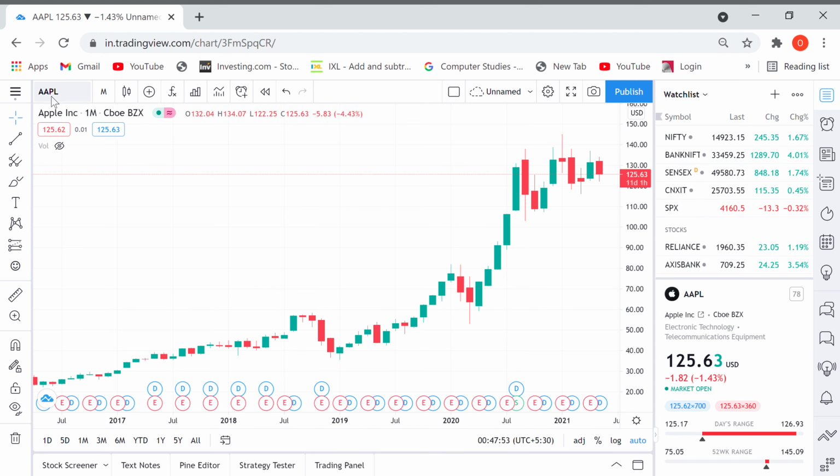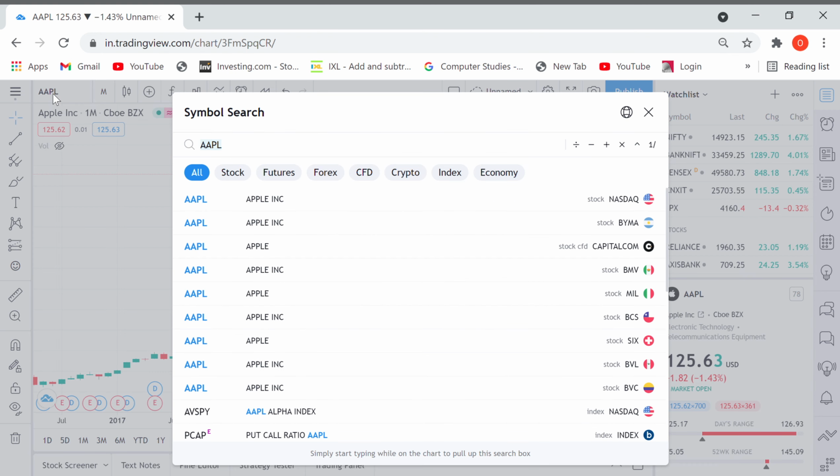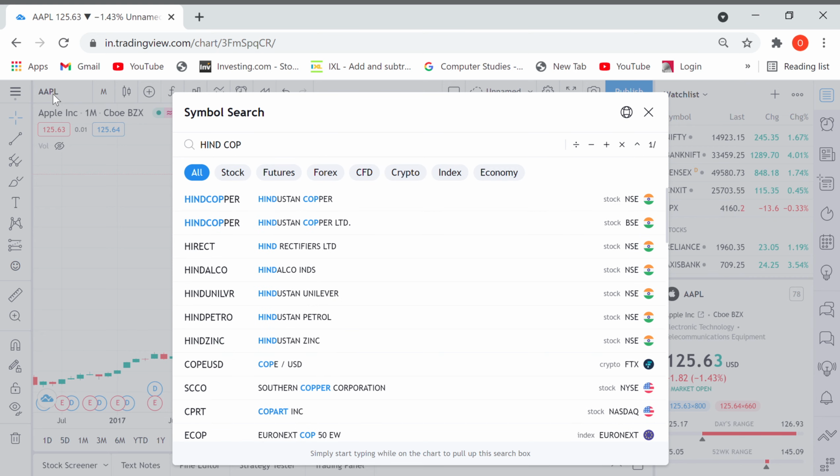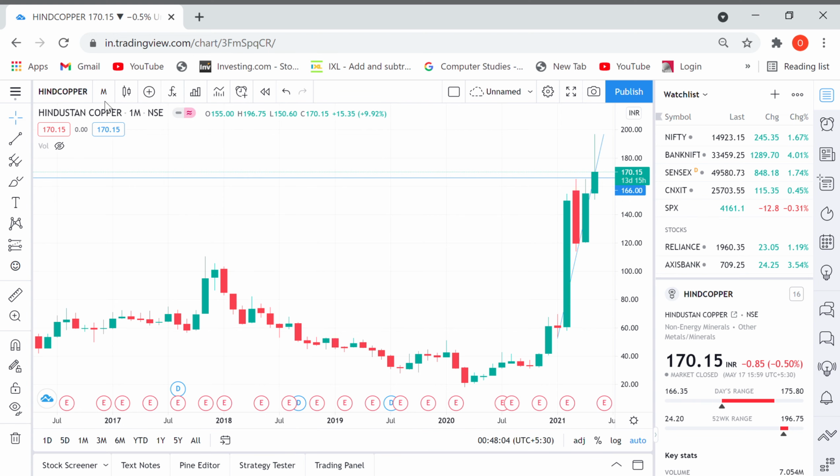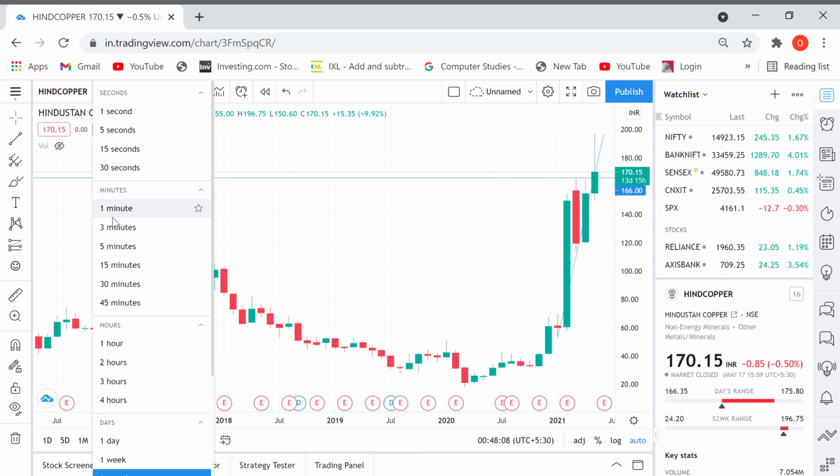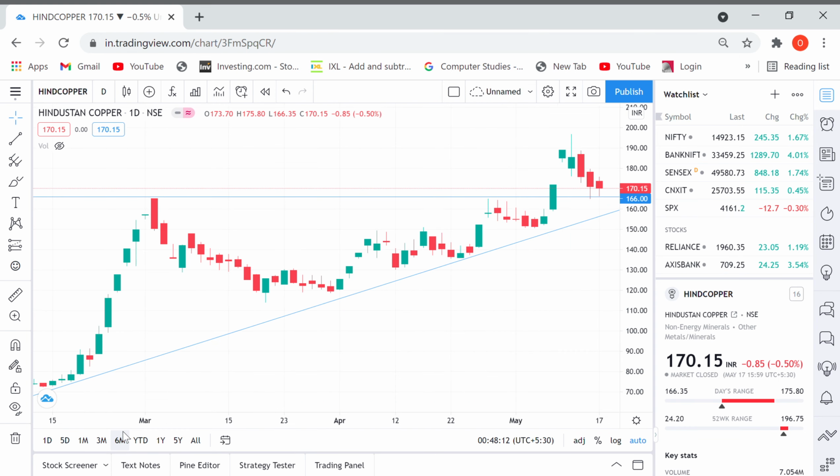Let's move to some Indian stocks. Let's move to say Hind Copper, which is Hindustan Copper, and let's look at certain things which will help you not only to understand the candlesticks but parallelly help you to understand a few other things.